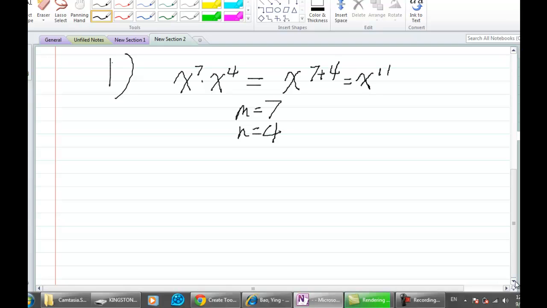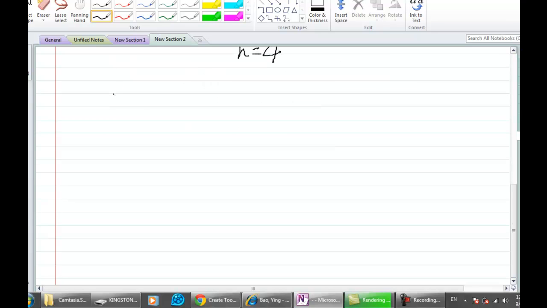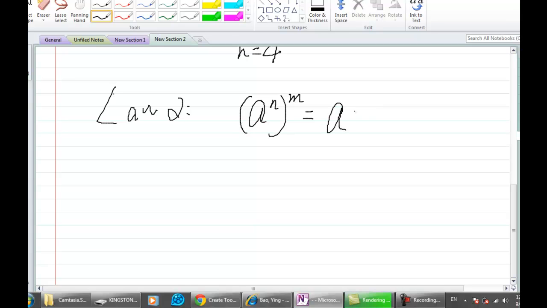Now let's move on to the second law. Law 2, that is a to the nth power, parentheses, to the mth power, which is equal to a to the product m times n power.